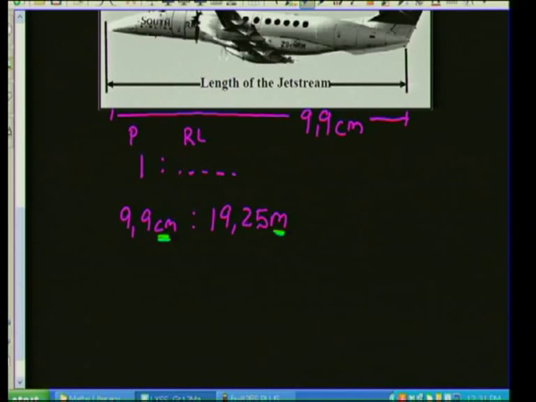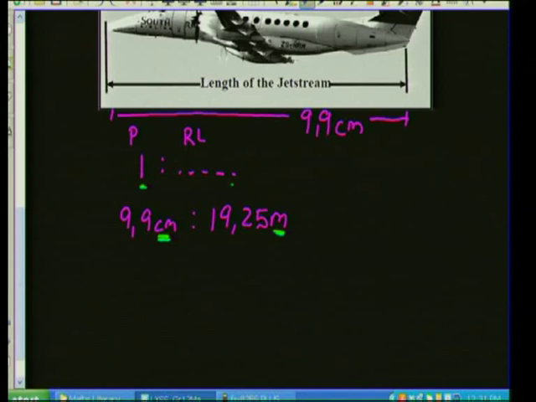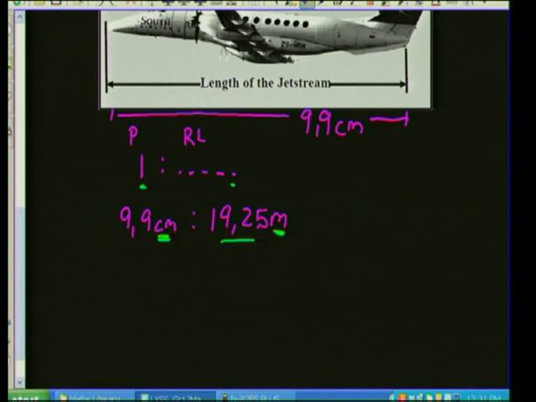Now, once I've got that down, it makes it a whole lot easier to interpret. But I've got some bells going off in my head because I've got centimeters here and meters there. And remember, your scale has no units. Your scale is one measurement is to however many measurements, but it can be 1 millimeter to so many millimeters, one hand to so many hands. There are no units, so we need to be working in the same units. So the first thing I'm going to do is change that to centimeters.